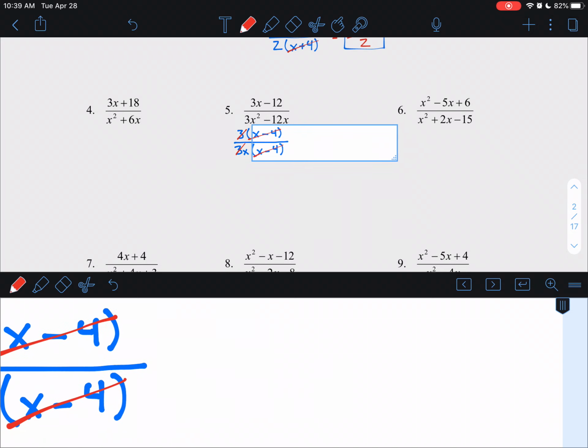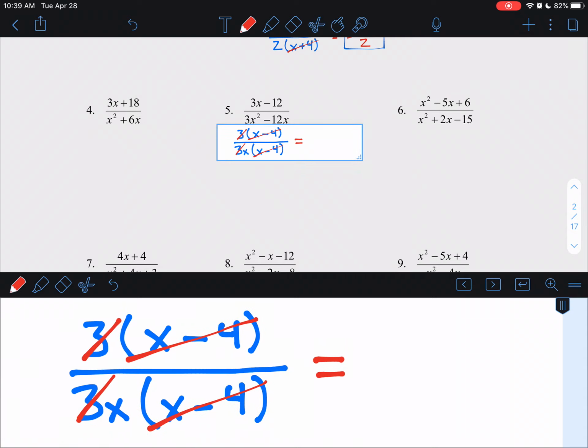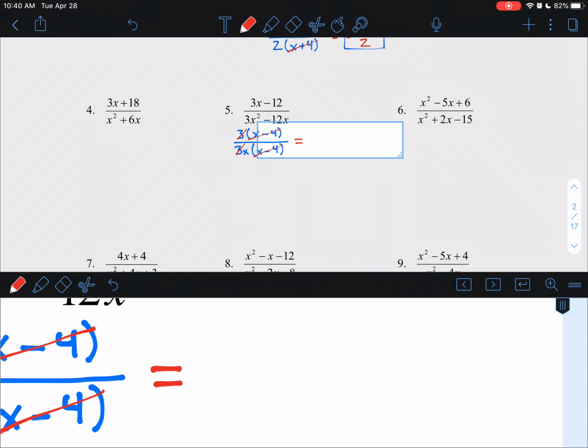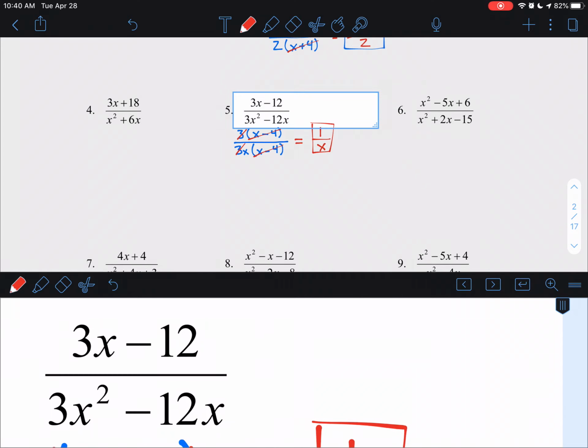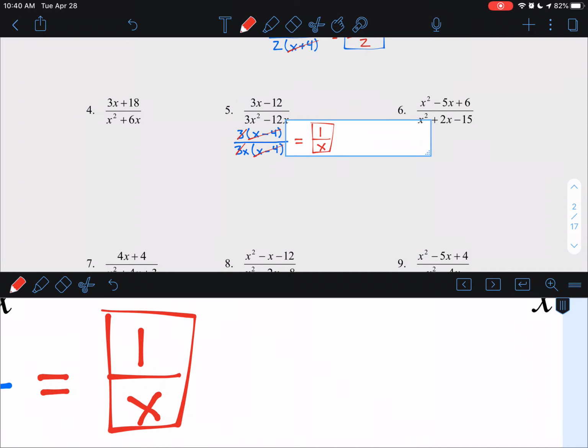But my answer isn't just x, because that x is in the denominator. Since everything in the numerator canceled out, my numerator is just 1. So the simplified form of 3x minus 12 over 3x squared minus 12x is 1 over x.